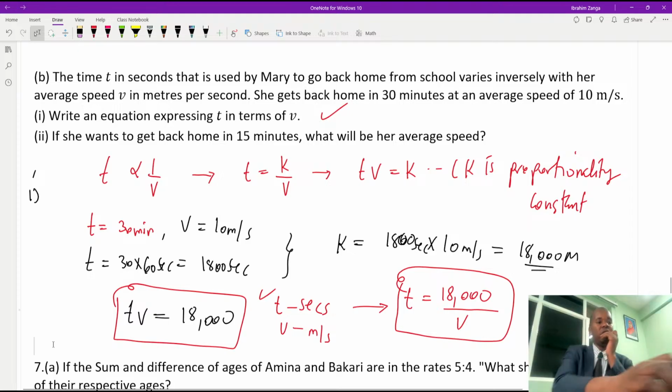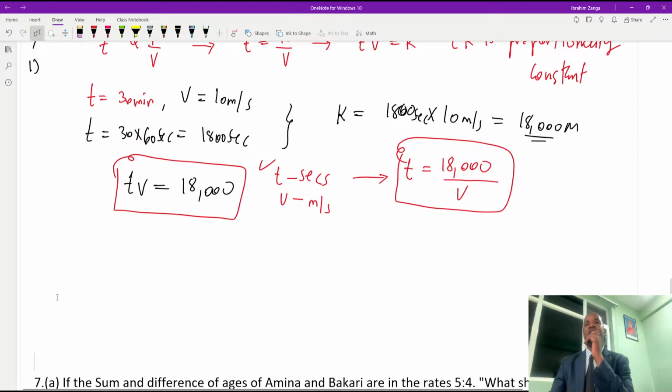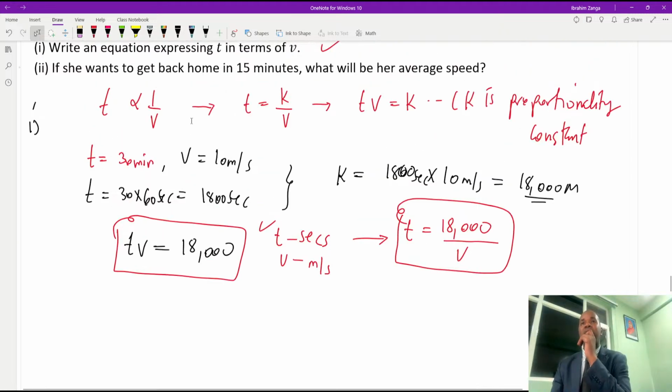And we are going to jump to part 2. The solution for part 2: if she wants to get back home in 15 minutes, what will be her average speed? So now we go to part 2.